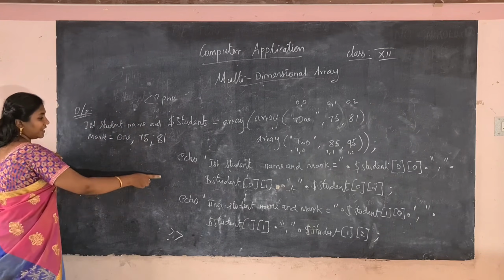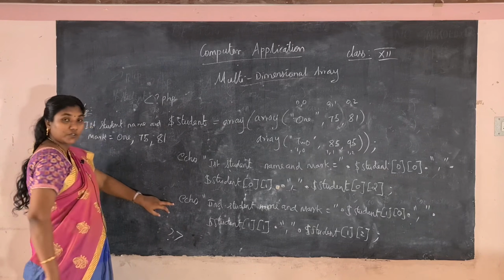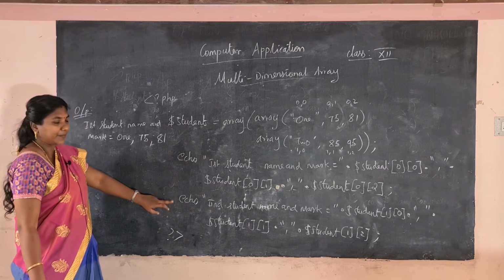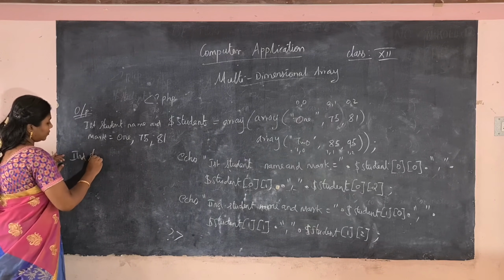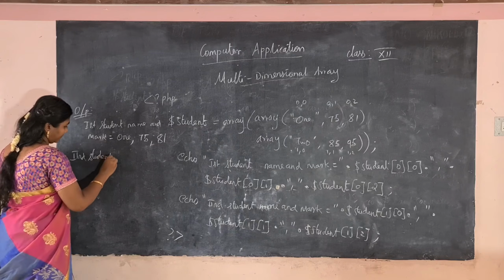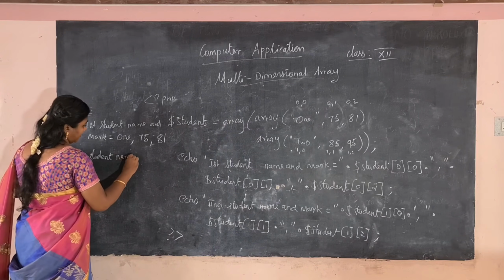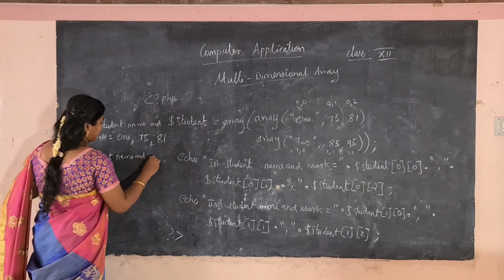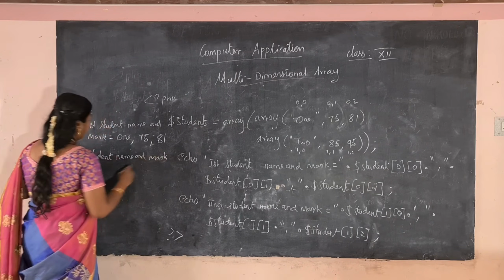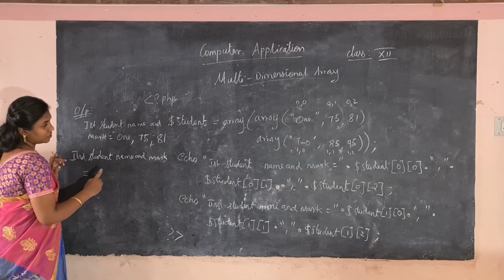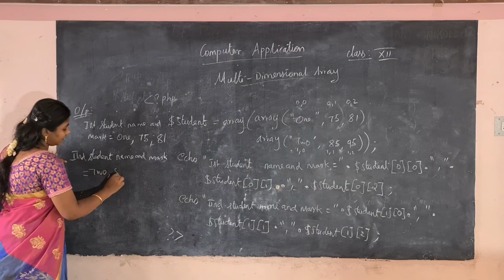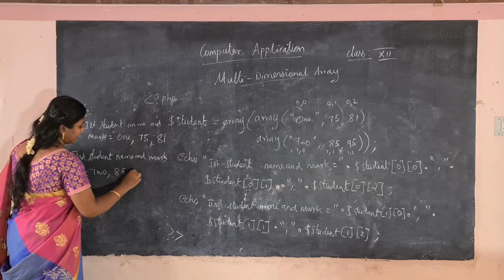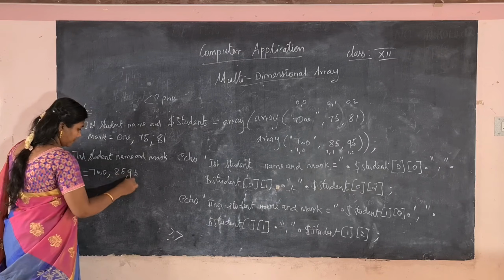And next I have given the second, printing the second student mark. Again I am using one echo statement. So second student name and mark, which is equal to, so first I will be having 2, and then I have printed comma, then 85, and then 95. Okay.